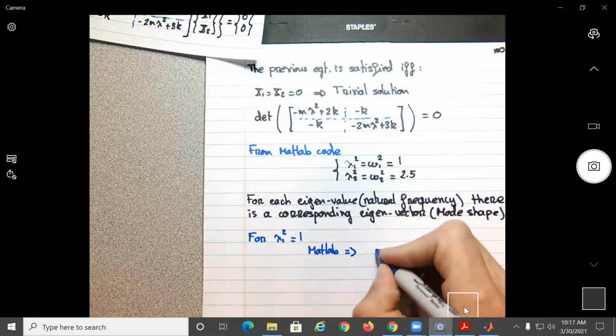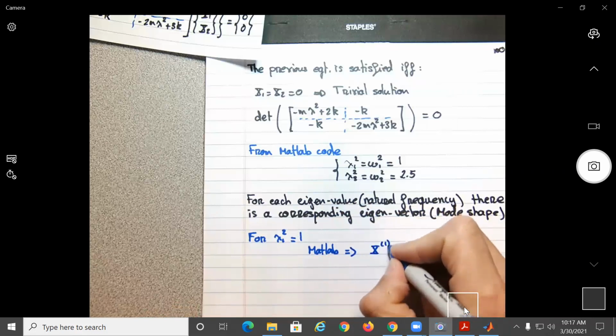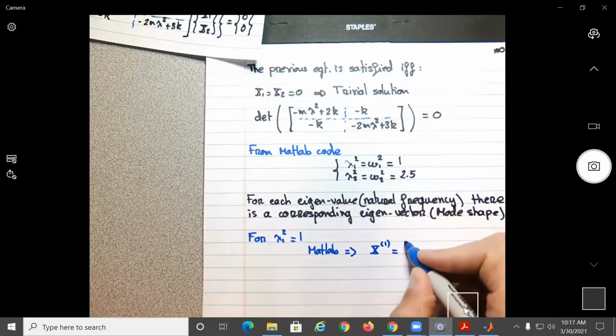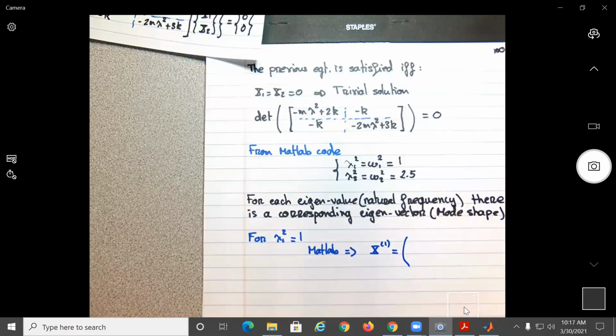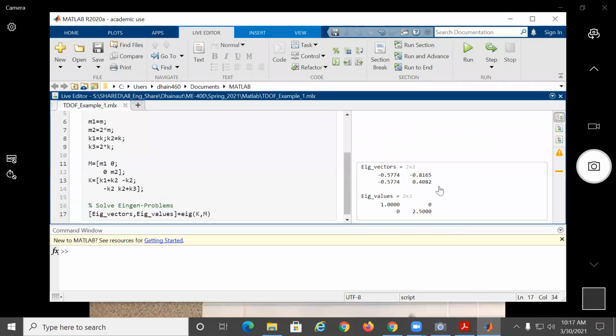Gives you the eigenvector. So the eigenvector for 1, let's say, will be this. Gives us to be equal to, I think it was negative 0.5774, negative 0.5774.